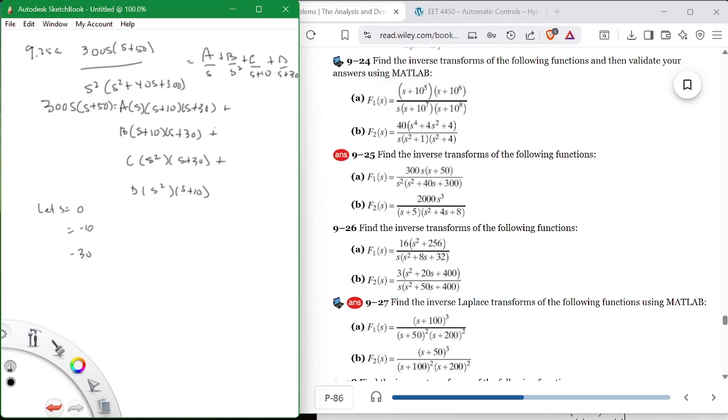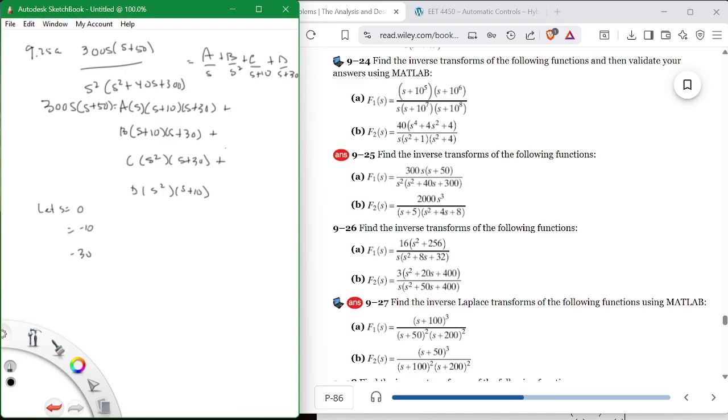Okay, so you get the B variable if you let S equal 0. You get the C variable if you let S equal minus 10.